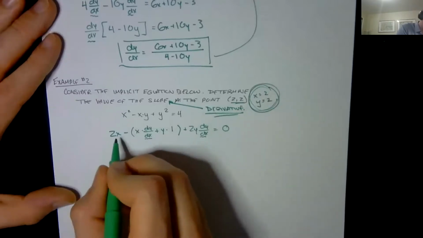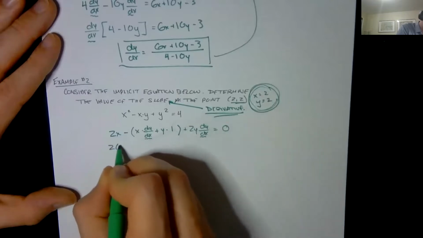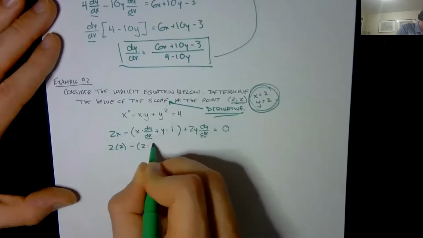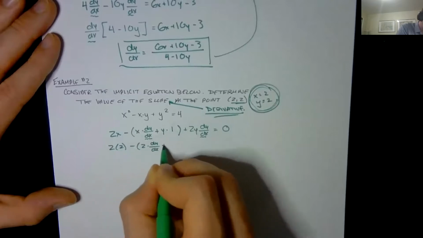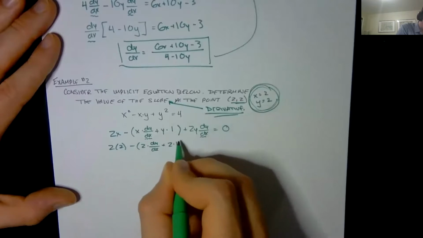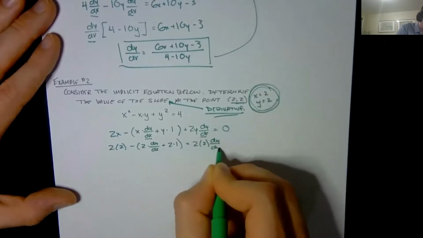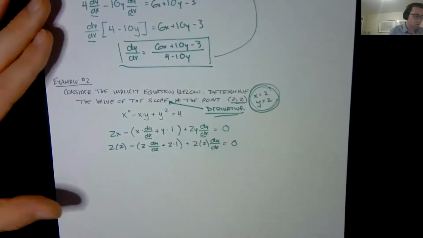So 2x, when I do 2, I'm just going to show the substitution so everyone can see that. 2 times 2 minus 2 times dy/dx. Y is 2, plus 2 times 1, plus 2 times 2 dy/dx as well, equals 0. From there, I'm going to simplify.